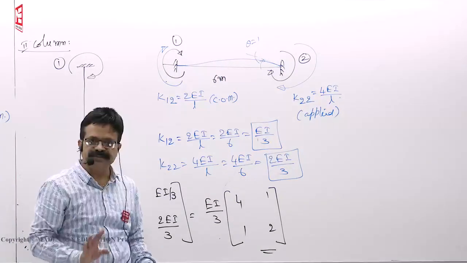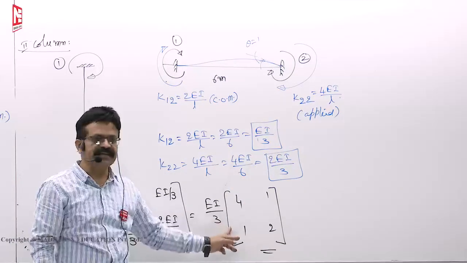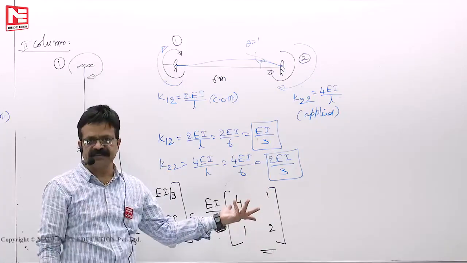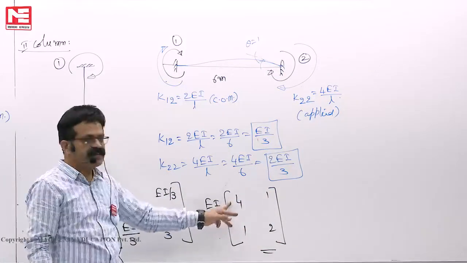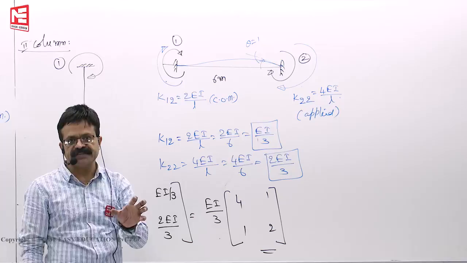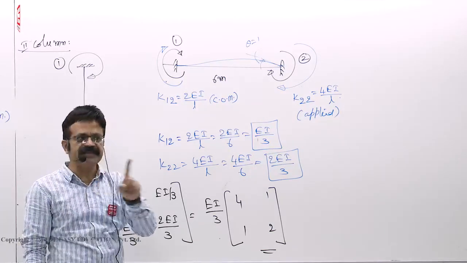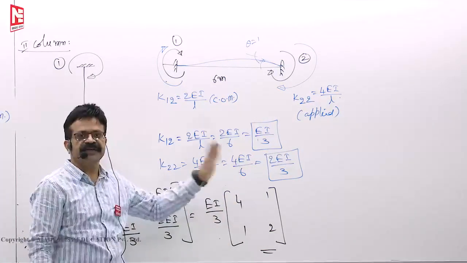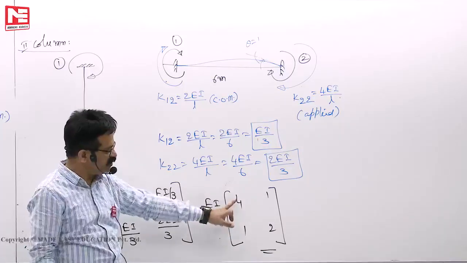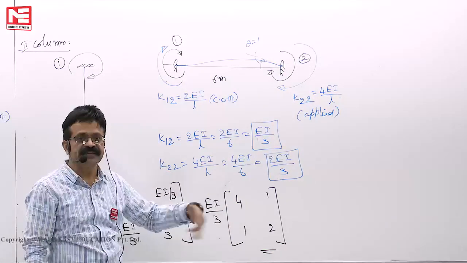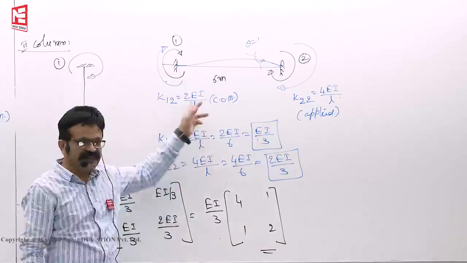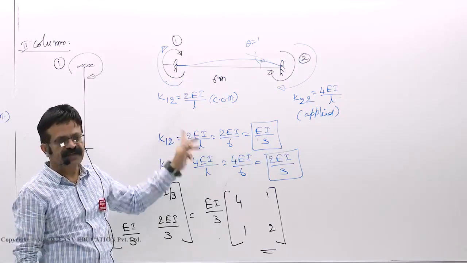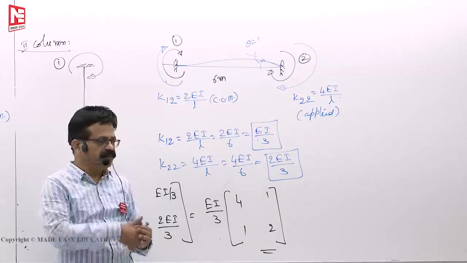That means all the 3 options are wrong. Once this is correct, naturally this also has to be correct. So do the first column and check the options. If only one option has 4, 1, you tick it. If 2 options have 4, 1, then it is like a lottery. Then the second column also you have to calculate and report it.